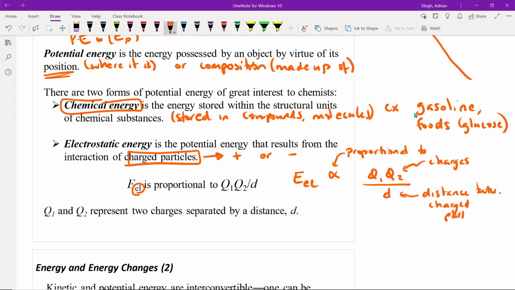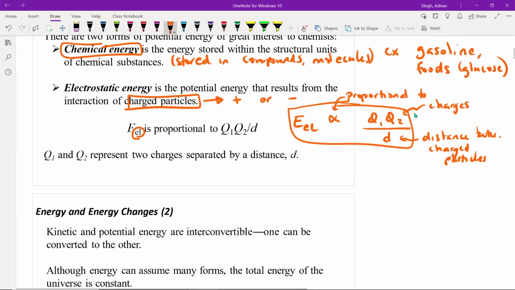Between the charged particles. So the way that proportionalities work is we can actually take this proportionality and turn it into an equation, but let's talk a little bit about what this actually means.